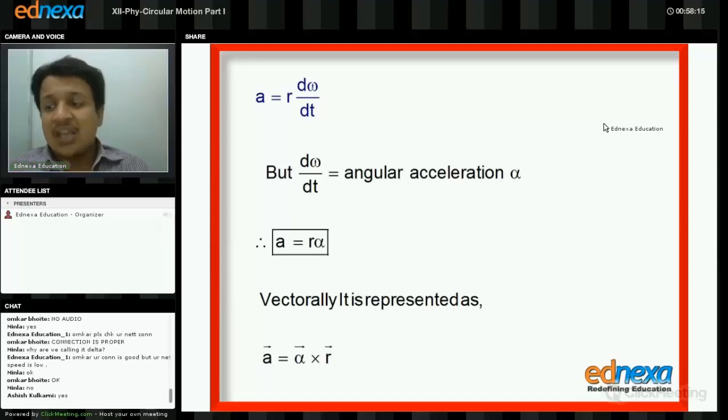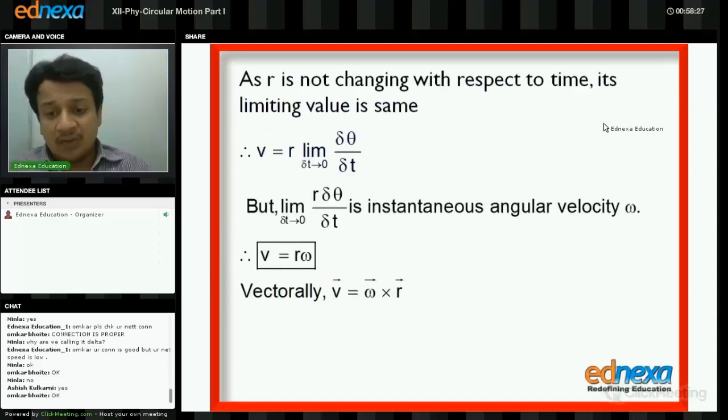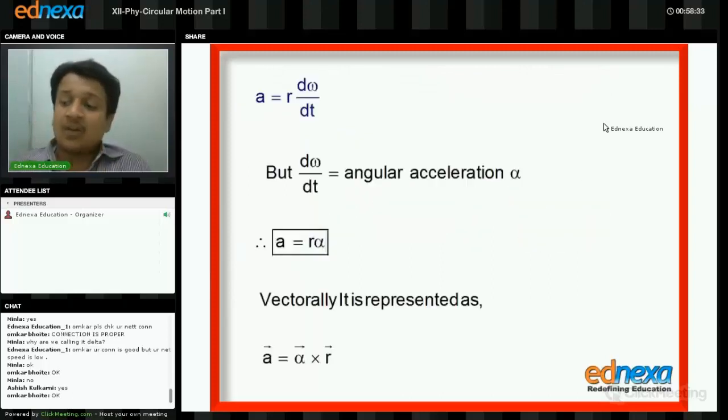So the formula is a equal to r alpha. In vector form, we can represent it as vector a equal to vector alpha cross vector r. So in vector form, vector v equal to vector omega cross vector r for velocity. Similarly, vector a equal to vector alpha cross vector r.